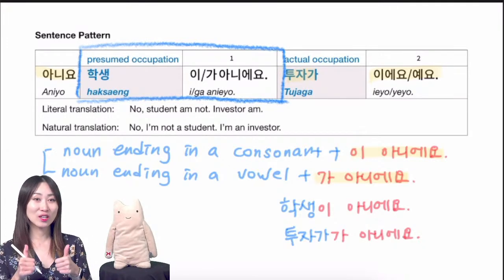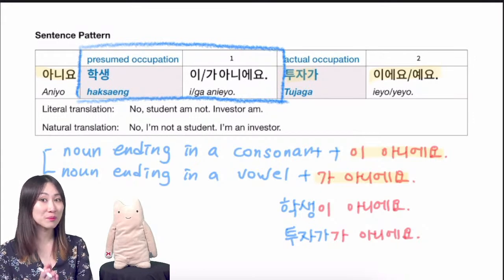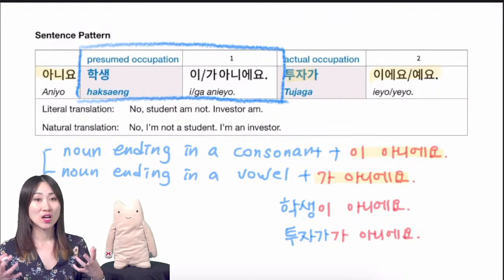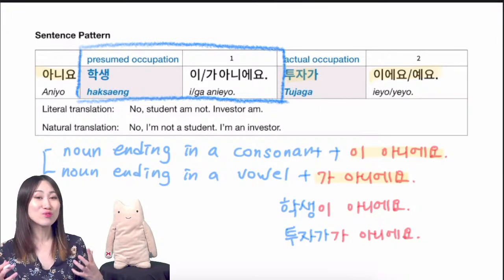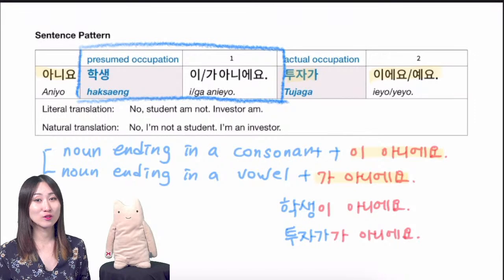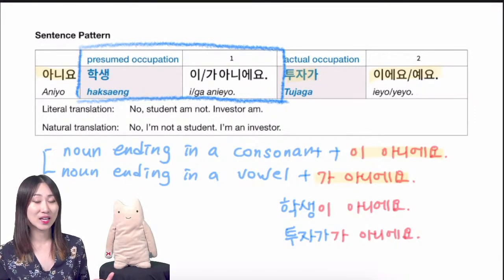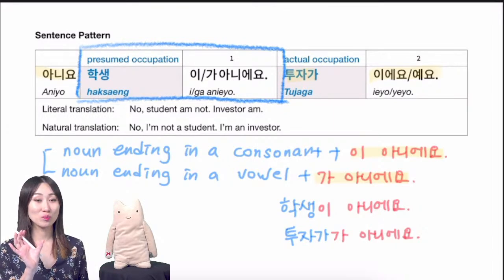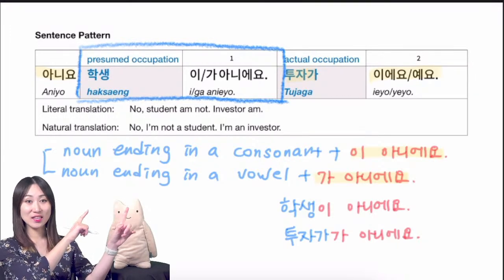All good? Are you okay with this grammar? This is very important, so please remember this sentence pattern. You use this really, really a lot. Why? Because you can use it in any place. For example, today is not my birthday. 오늘은, by the way, the topic marking particle or subject marking particle 은는 is omitted because in this sentence it is obvious.